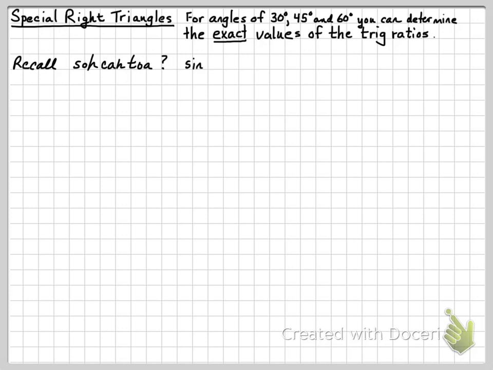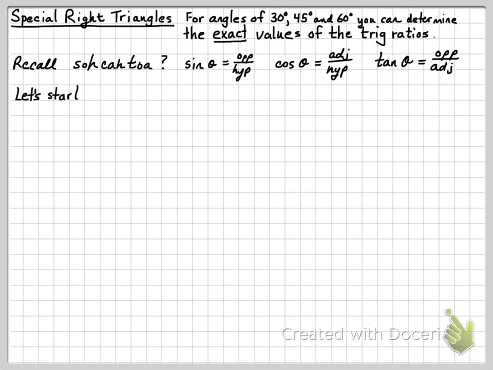That means that the sine of an angle is the opposite over hypotenuse. Cosine of an angle is the adjacent side compared to the length of the hypotenuse. And the tangent of an angle is the length of the opposite side of the triangle compared to the adjacent side. Well, let's start with a 45-degree, 45-degree, 90-degree triangle.